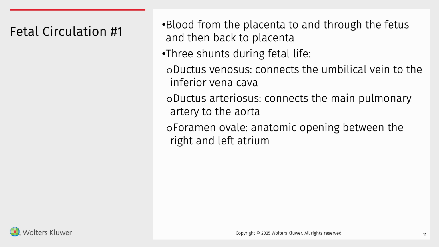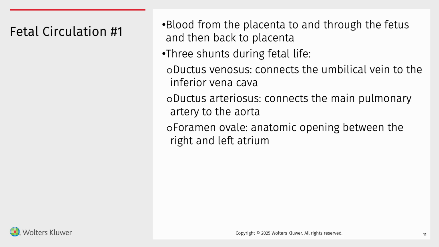All right, so now we talk about fetal circulation. This slide introduces a unique and complex fetal circulation system which allows oxygenated blood from the placenta to circulate efficiently through the fetus, bypassing the lungs, which are non-functional before birth.